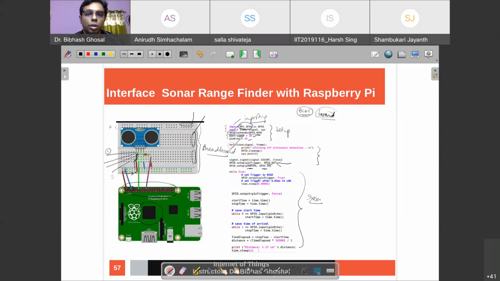Well, you first make the trigger high by making it true: GPIO.output pin trigger is true. Then you wait for some time, put a delay. Then you make it false, that is, you bring it to 0. So here you used the trigger pin as high and then low.